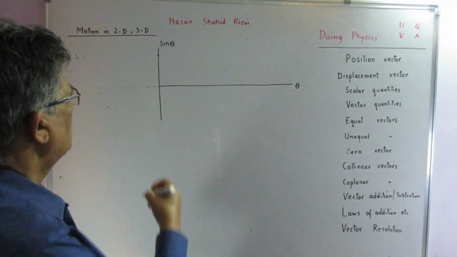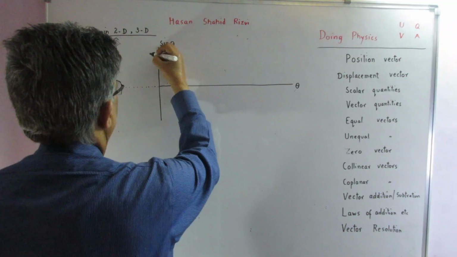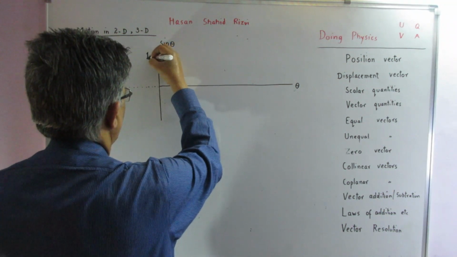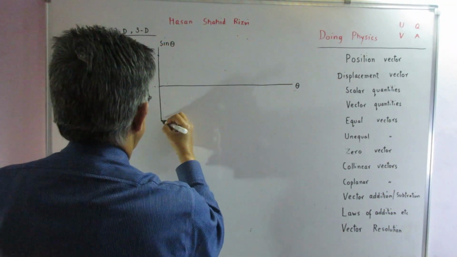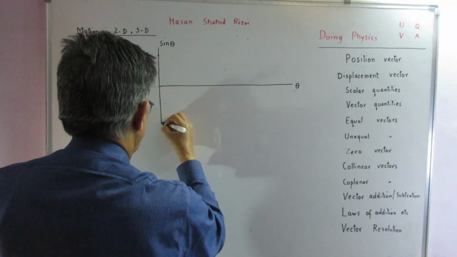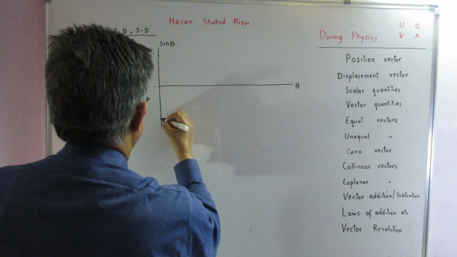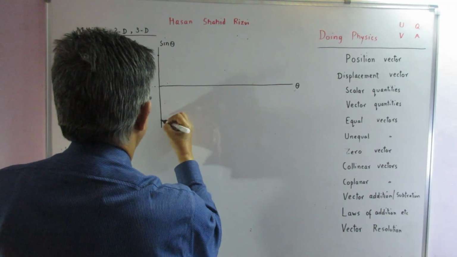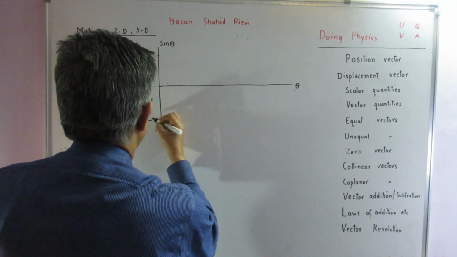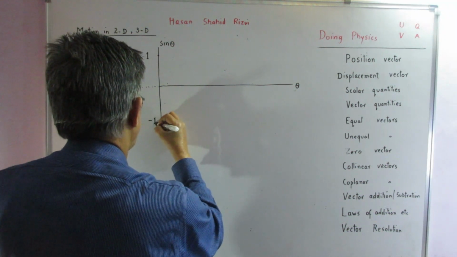Now, I have the maximum value of 1, and the limit value in the other direction is sine theta equal to -1.